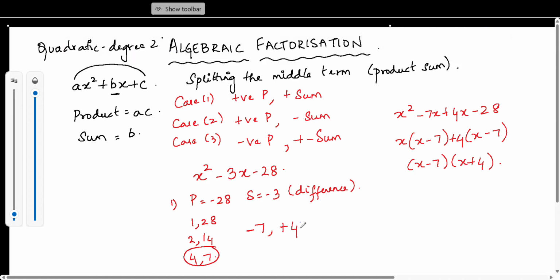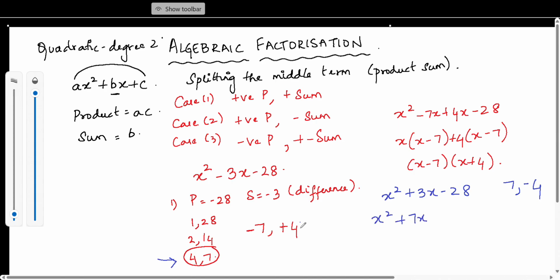Case 4, which is a subdivision of this. The same example I am showing you. X squared plus 3x minus 28. You see the only change was that 3 was negative earlier, now 3 is positive. So, still the two identified numbers will be 4 and 7, but just that here, since the difference is positive, 7 will be positive and 4 will be negative.